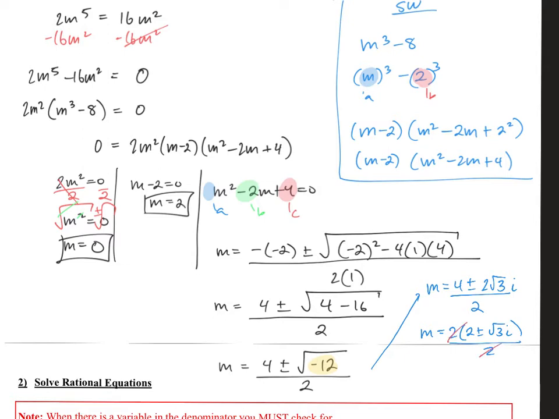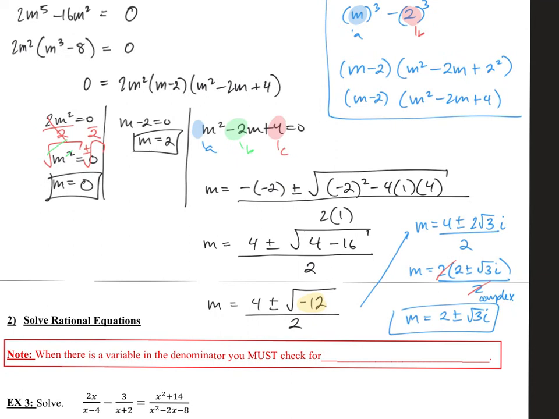The 2's would cancel. And you'd be left with m equals 2 plus or minus root 3 i. So this is if you solved over complex. And the other one is if you solved over real numbers. So if you were solving over real numbers, you would say no real solution. Sorry, running out of space on this problem.